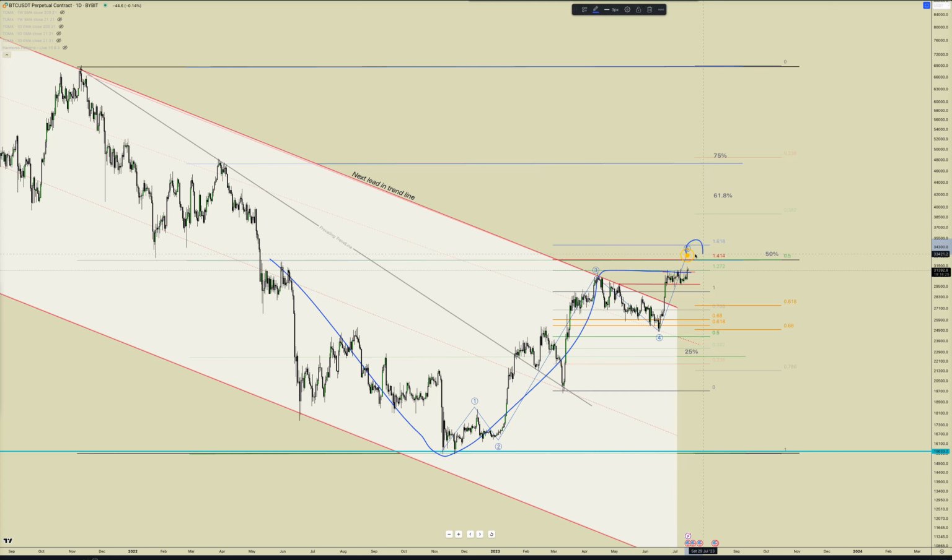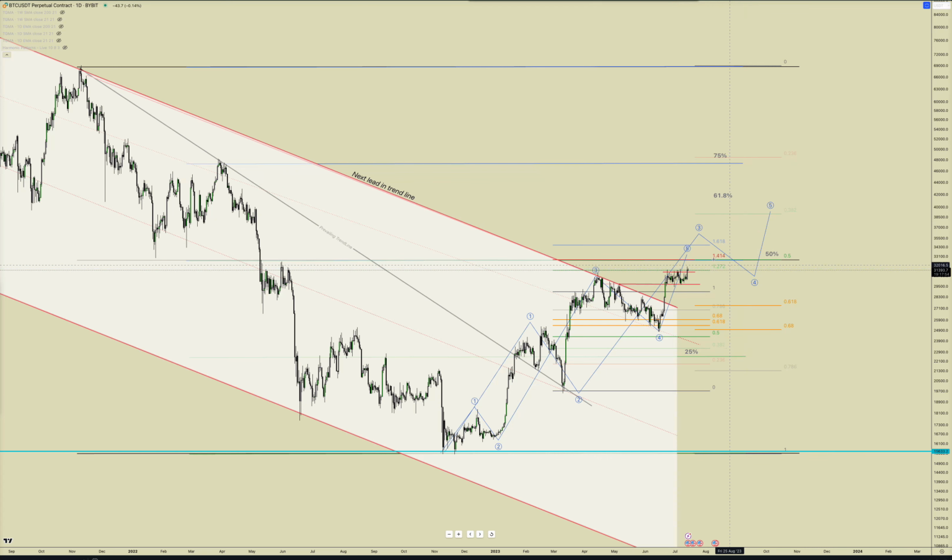So even if we get there, we might come back down and then get that. And if this was to go, this could be our cup and handle. And maybe into this 618 level and then up. And that will fill the ABC as well. Pullback. So that's one scenario. That's short-term potential. The other scenario, as I said, is the bigger one, where it goes for the major Fibonacci levels.